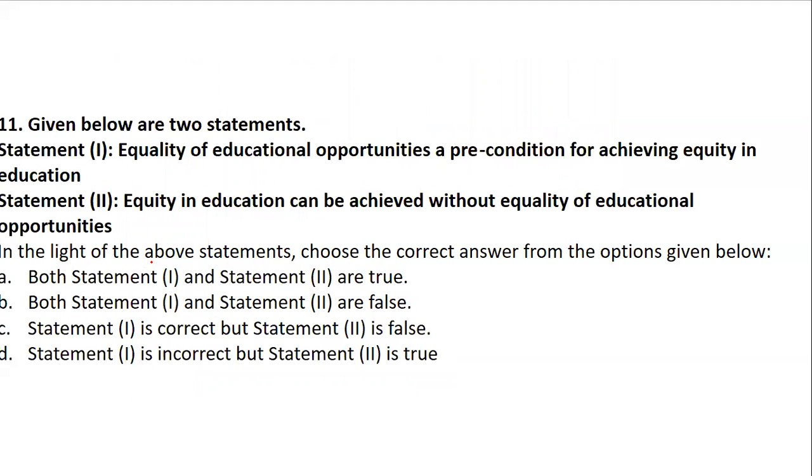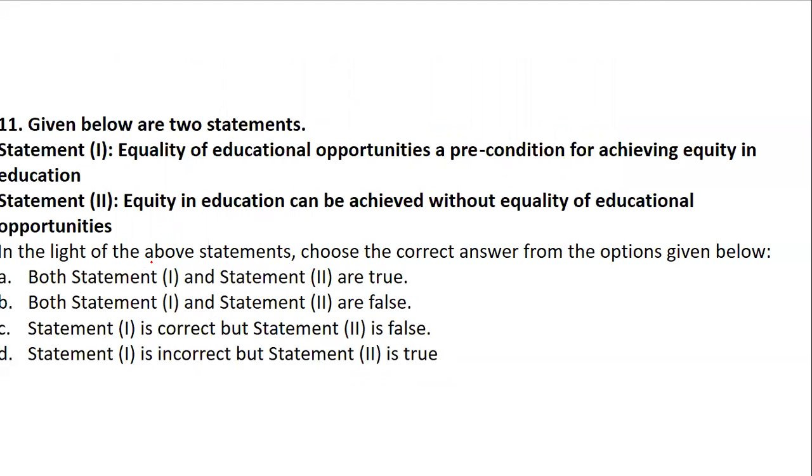Now question number 11, again, is a statement question. This question can be a little bit confusing, but read it very carefully. Equality of educational opportunities is one of the preconditions for achieving equity in education.